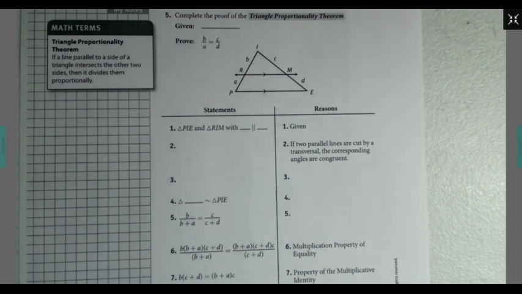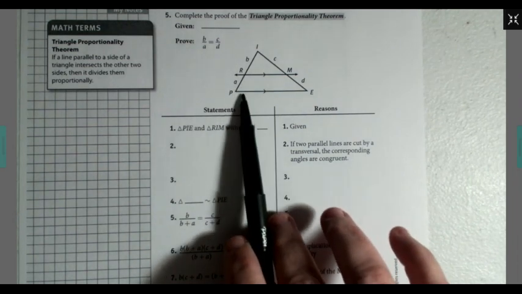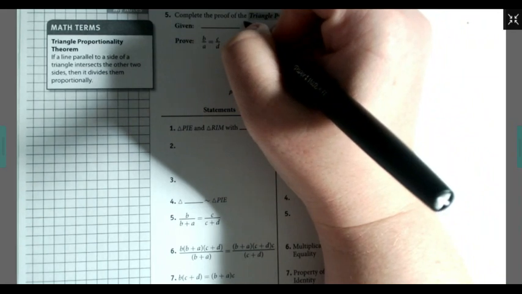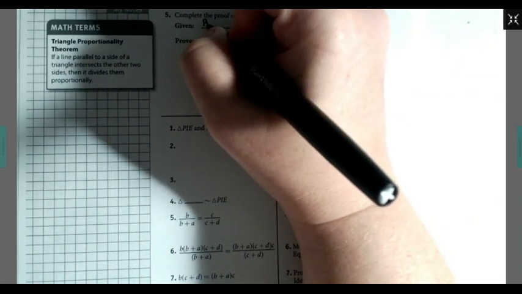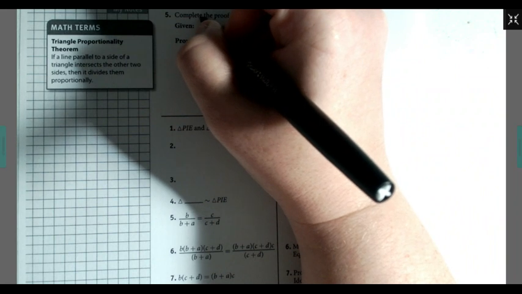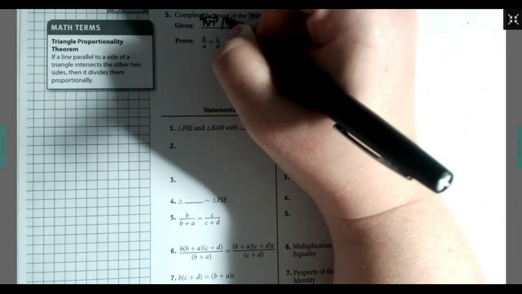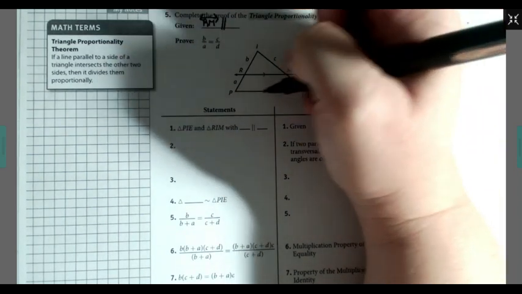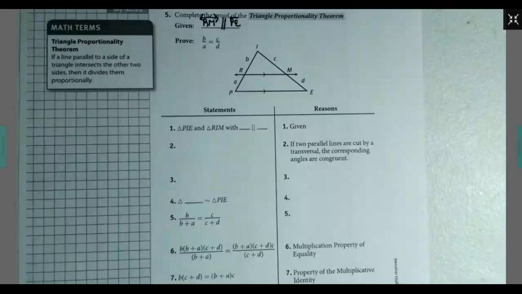What we were given was that RM was parallel to PE. So my given is RM, the line, is parallel to PE, the line segment.